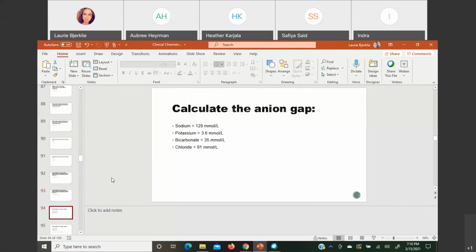Okay, calculate the anion gap. See what you guys got. I'll give it a second here.